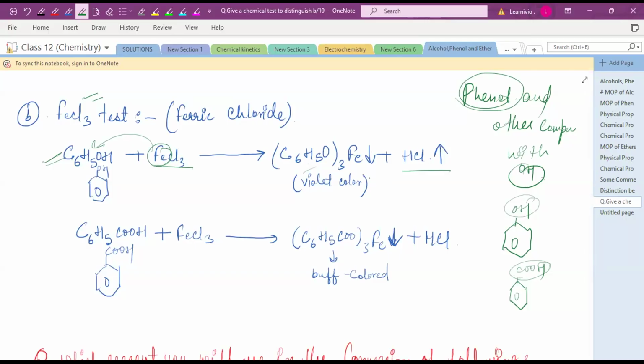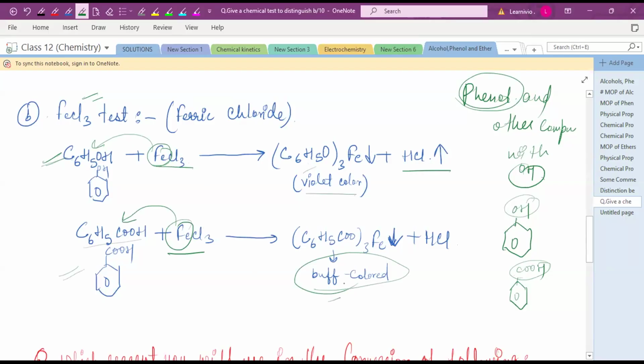But the same reaction, the ferric chloride test, if you do for benzoic acid, if you add ferric chloride over here, this iron again will make a complex with C6H5COO, and it will be a buff color. The color of the precipitate will change. The reaction is the same, the ferric chloride test, but in the case of phenol you will get a violet color precipitate, while in the case of benzoic acid you will get a buff color. Now, what is buff color?